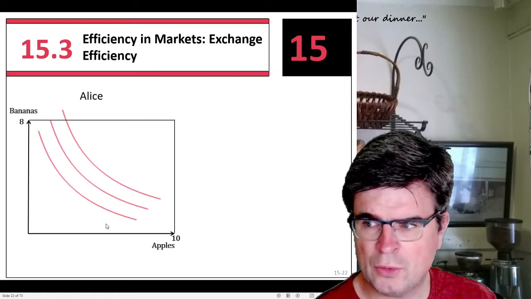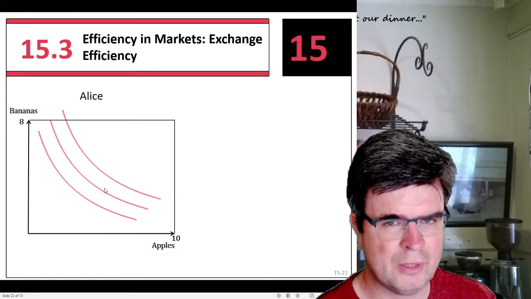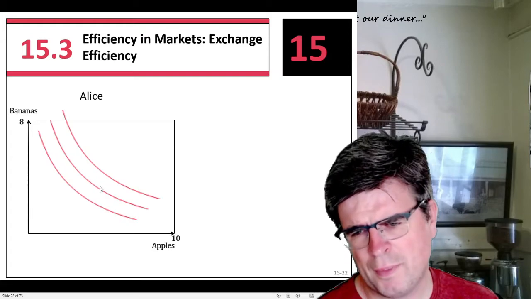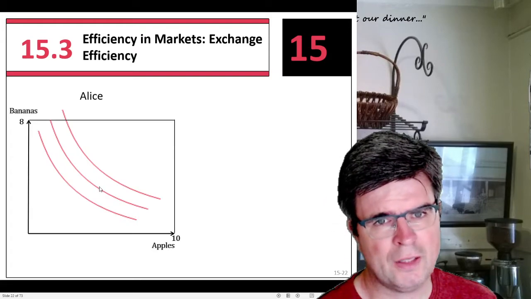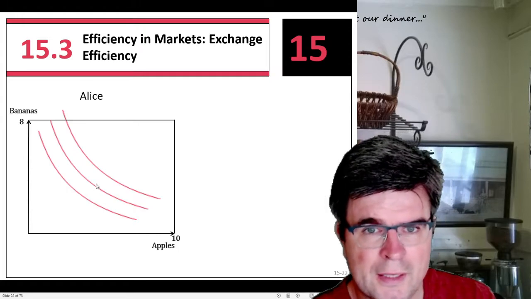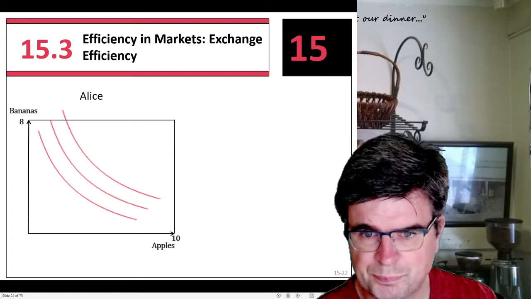And these pinky curves are some indifference curves of Alice. You can see that they're nicely convex, no corner solutions here. Probably Alice will prefer some mixture of apples and bananas because the indifference curves are nicely convex.